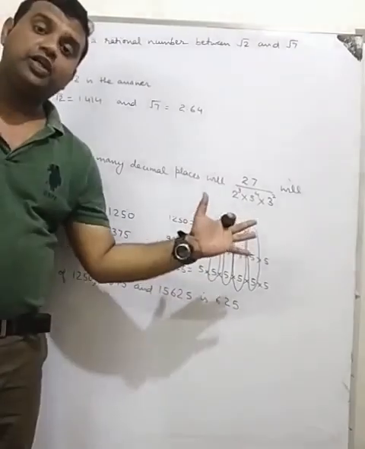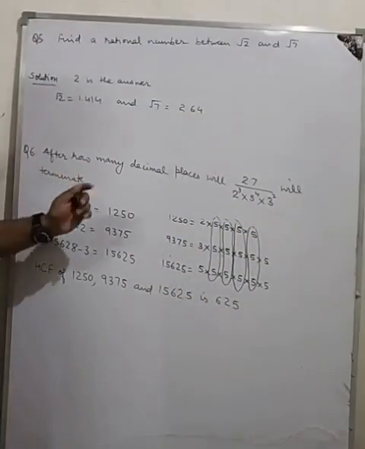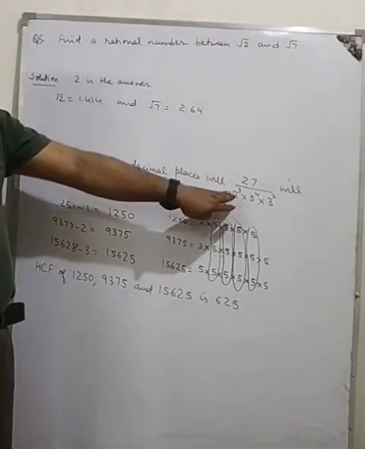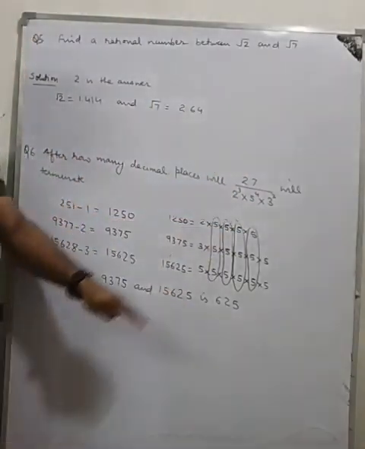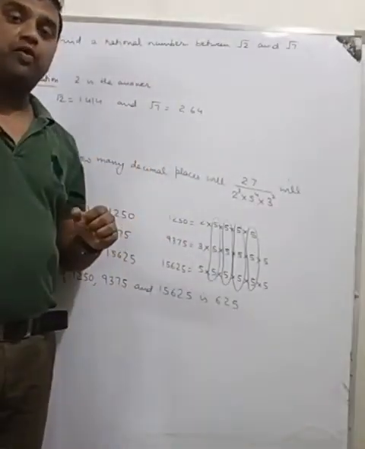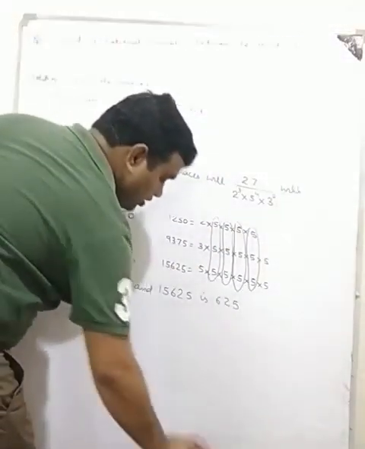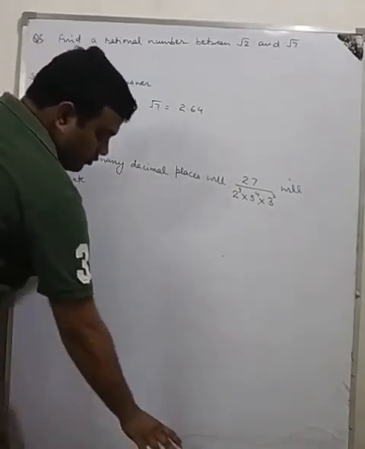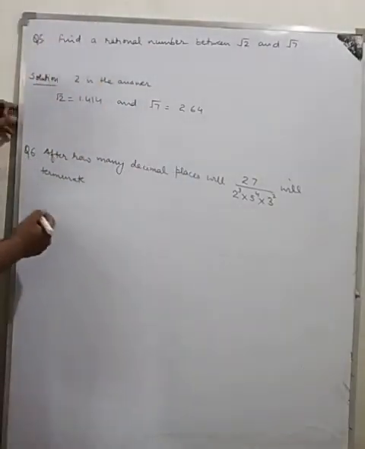Again, a very simple trick is behind such type of questions, and the trick is in the denominator. If it is not given in factorized form, then first we find the factors of the denominator and express it in such form, and then we see the maximum power on any number. So here the maximum power is on 5, so this number will terminate after 4 decimal places.